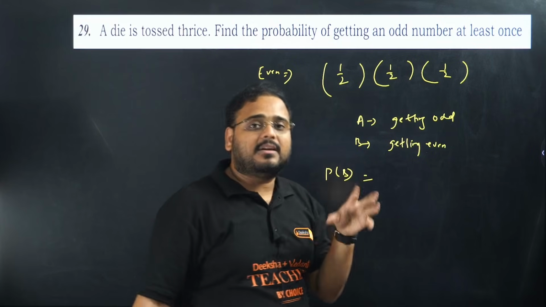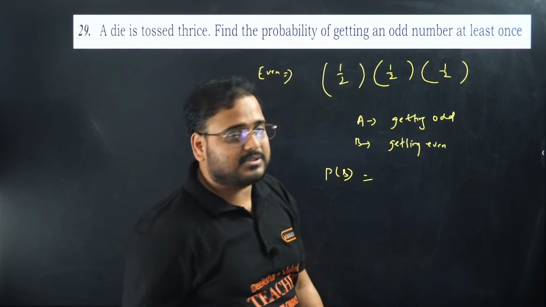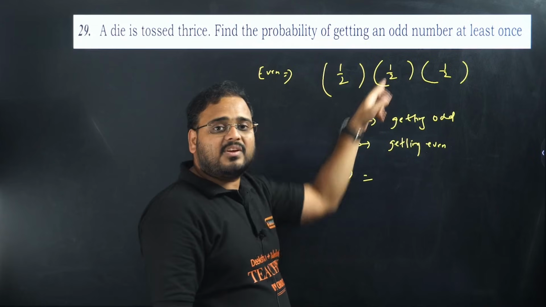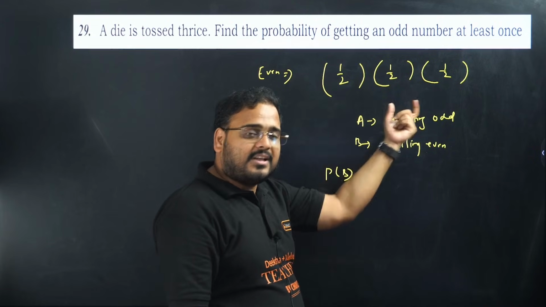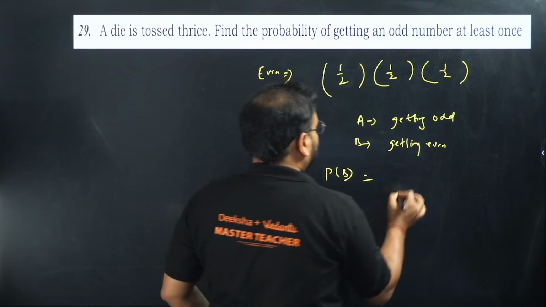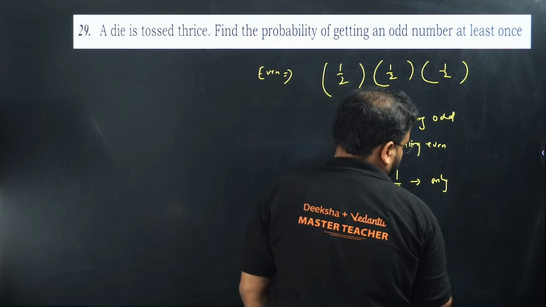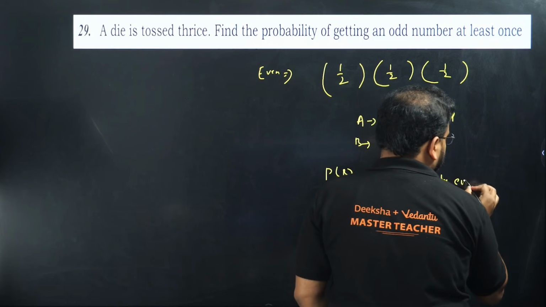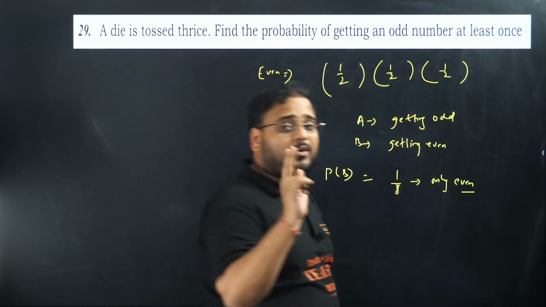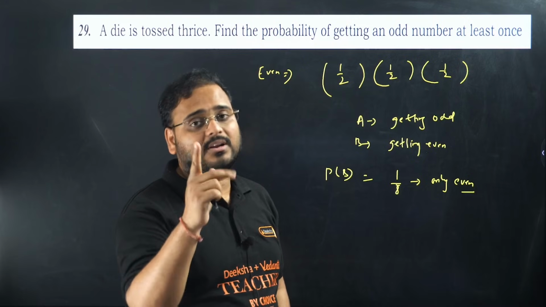This is the probability of getting only even numbers in all the trials. So we get 1 by 2, 1 by 2, 1 by 2. What is the answer? 1 by 8. This represents only even, every time we are getting only even. Now I'm trying to get at least one odd or more than that.